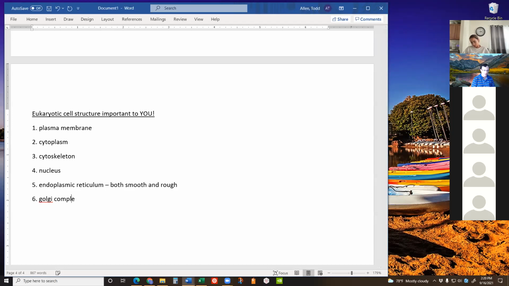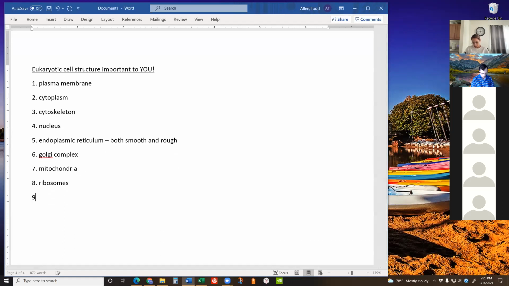Golgi complex. Mitochondria. Ribosomes. Lysosomes. Centrioles. I think that's a pretty good starting point for having some basic knowledge of eukaryotic cell biology.